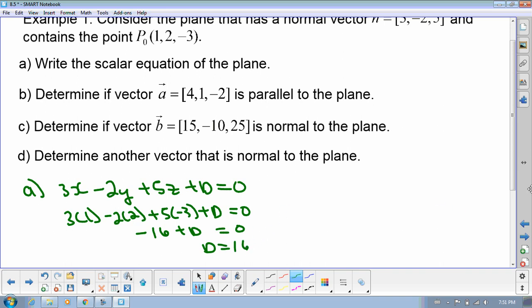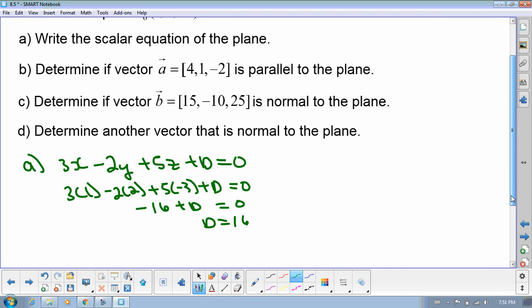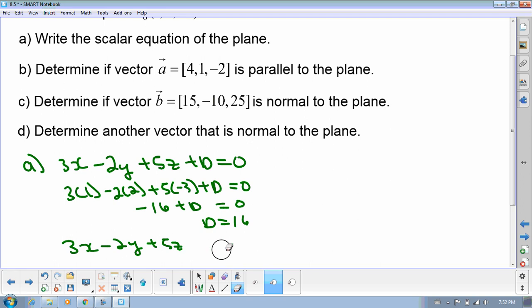That means the scalar equation of this plane is 3x minus 2y plus 5z plus 16 equals 0. Done. As long as we have that normal, it's a fairly straightforward question.